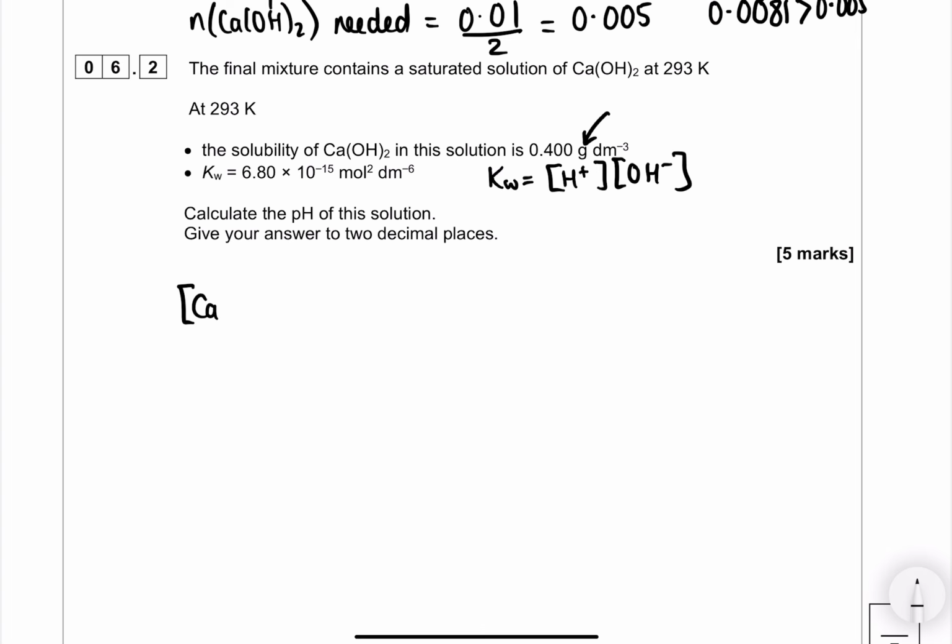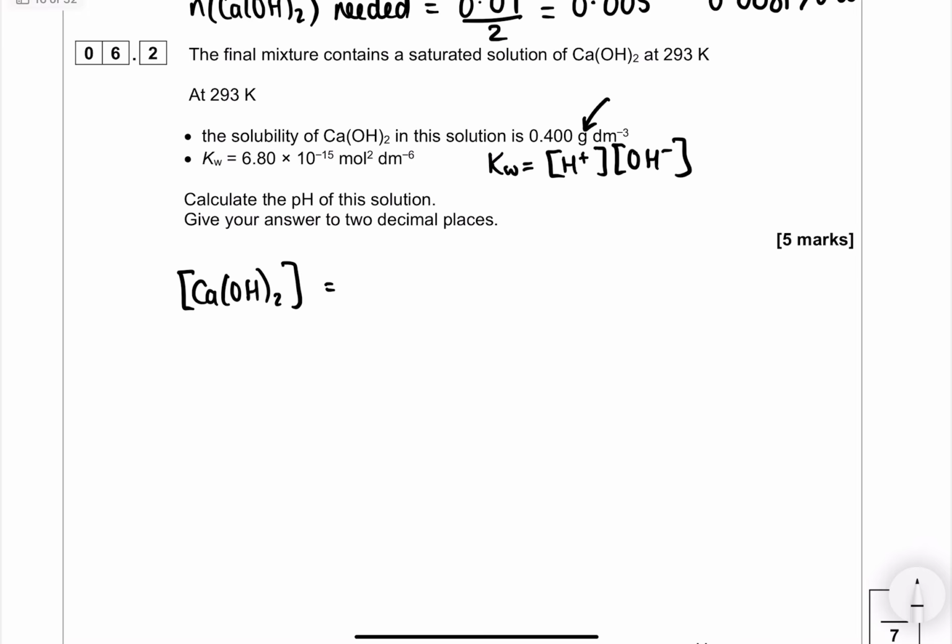So if we want to find the concentration in moles per decimetre cubed of calcium hydroxide, we need to get rid of the grams per decimetre cubed, and the way to do that is to divide by the Mr, because if you divide by the Mr, grams will become moles.